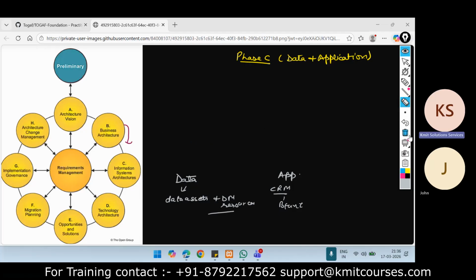So the main objective is that you need to develop a target information system architecture for data and application.